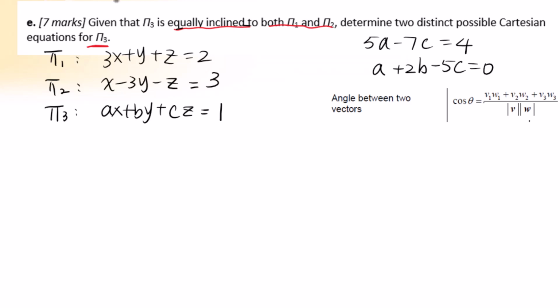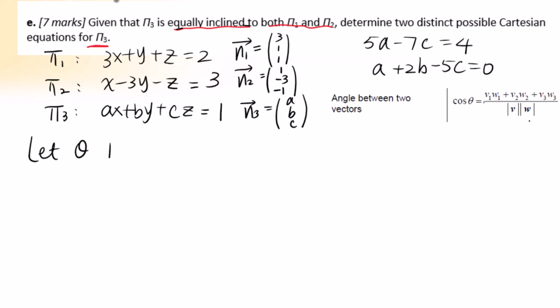For π1, the normal vector is (3, 1, 1). For π2, the normal vector equals (1, -3, -1). For π3, the normal vector equals (A, B, C).